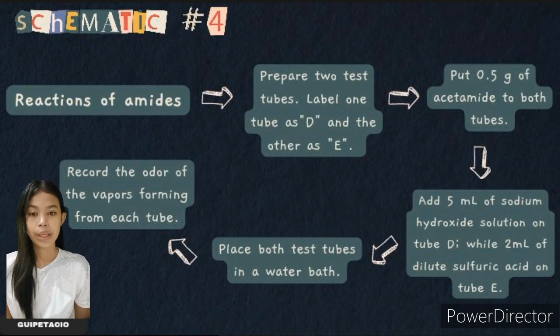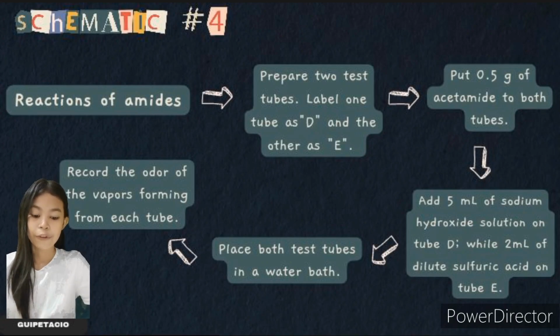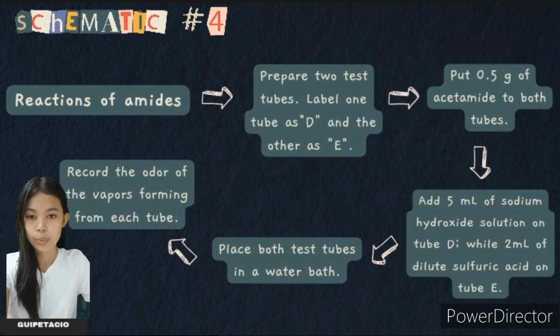For the test tube labeled as D, we will add 5 ml of sodium hydroxide, while for the test tube labeled as E, we will add 2 ml of dilute sulfuric acid. And then, we will place both of these test tubes in a water bath and allow them to release vapors. And finally, we will observe and record the odor of the vapors forming from each test tube.